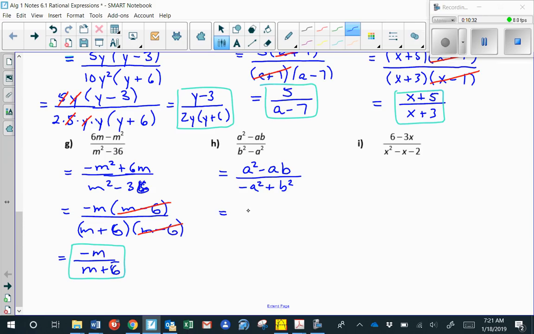The numerator can factor. We have a common factor of A, and that will leave us with A minus B. Downstairs, we can factor first out a GCF of -1. If the leading term has a negative coefficient, we want to factor out -1 first.